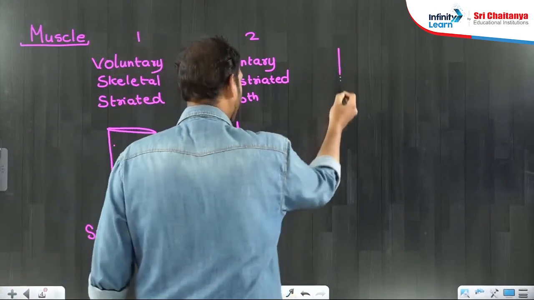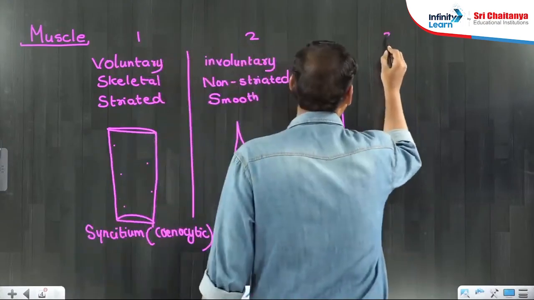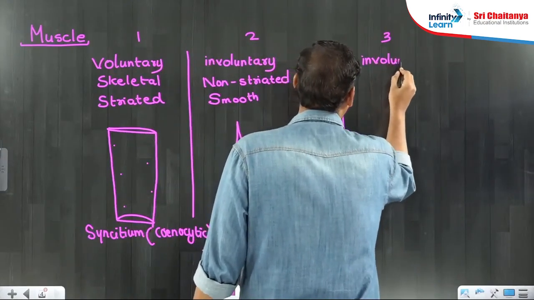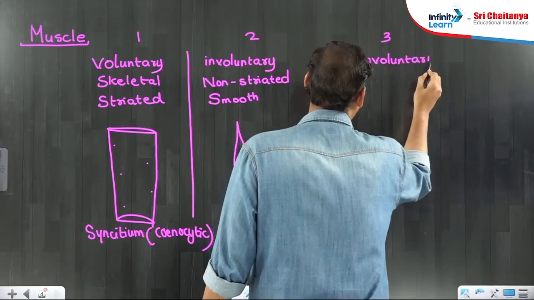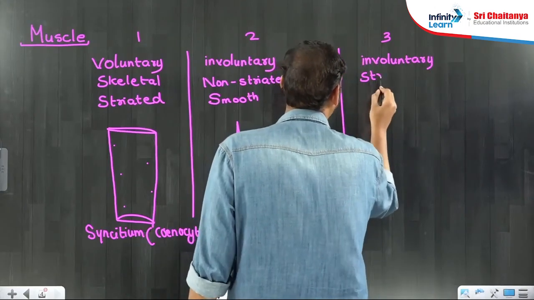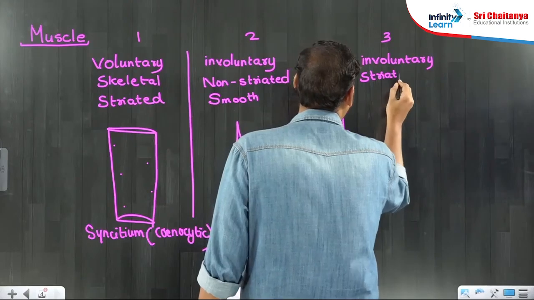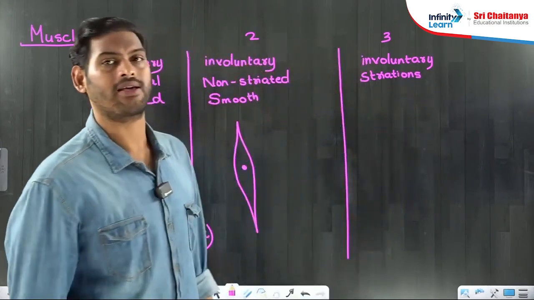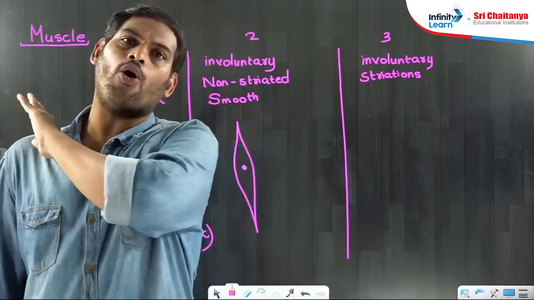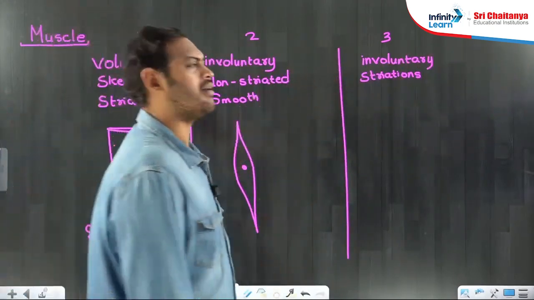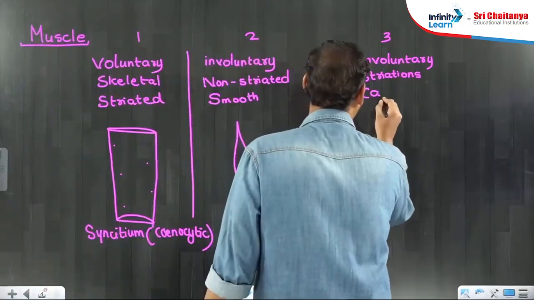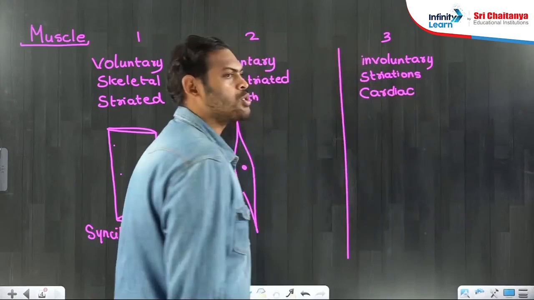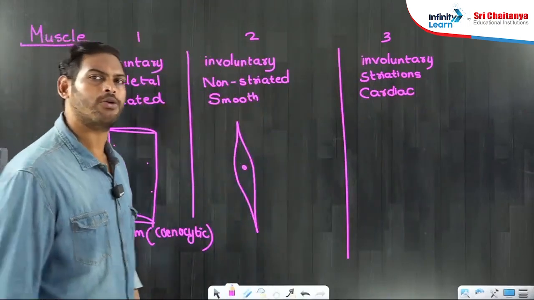And the third category: these are involuntary, but they possess striations, and this muscle never stops contracting and relaxing. The only muscle which is always active in your body is cardiac muscle. So how do these muscle cells look under a microscope?